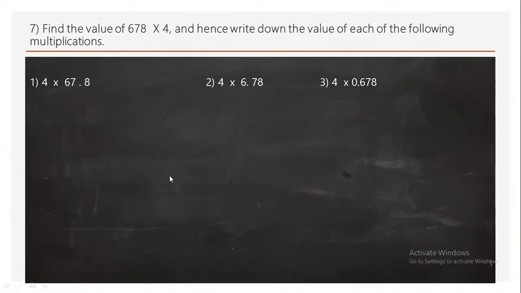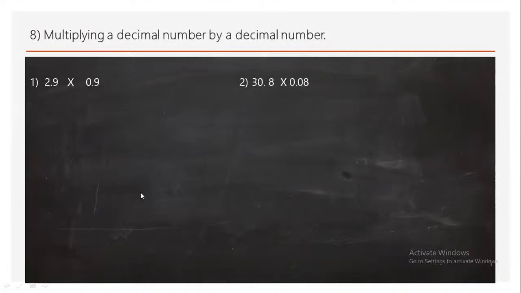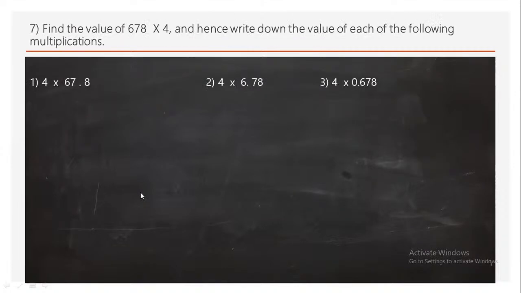Question number 7. 678 into 4, and hence write down the value of each of the following multiplications. Nothing to do, they have already multiplied 678 by 4 and given it to us.